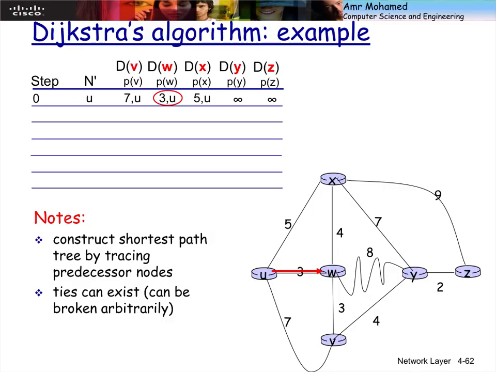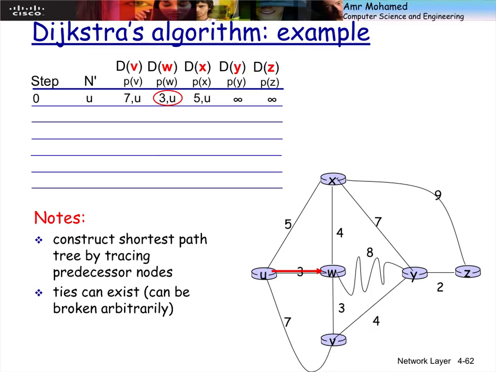From then we can systematically do the following. We select the distance with the minimum cost, and this one we include in N dash. From then on, we can assume that we know the directly connected links from U or W. So when we go to W now, we can consult the link state database and ask for this cost and this cost and this cost.